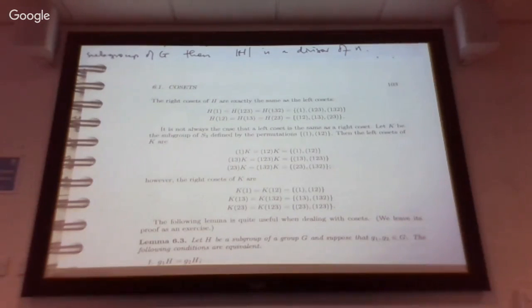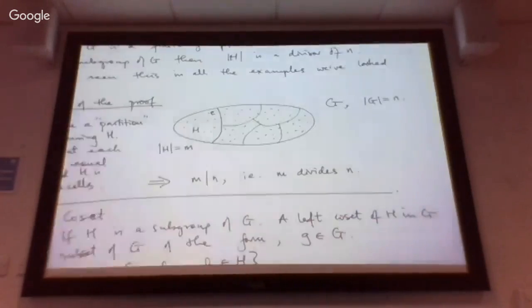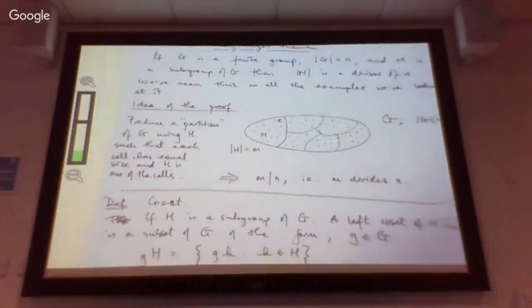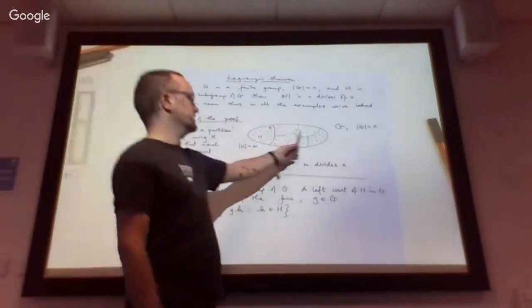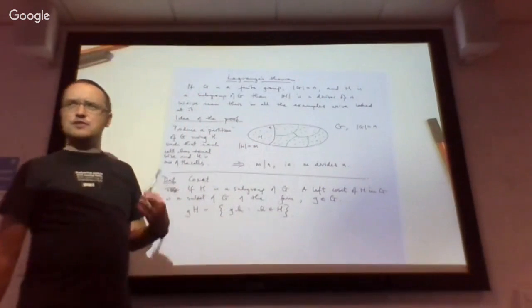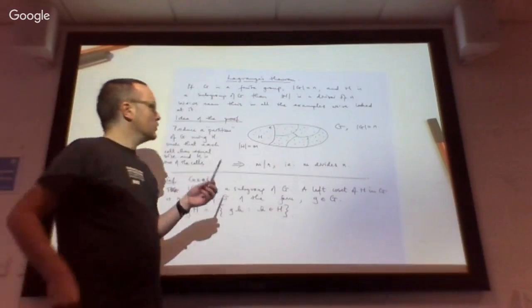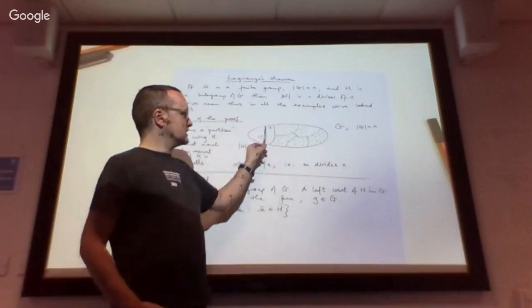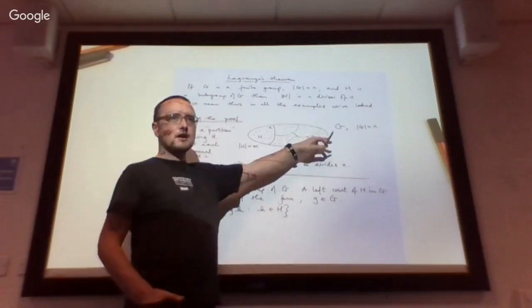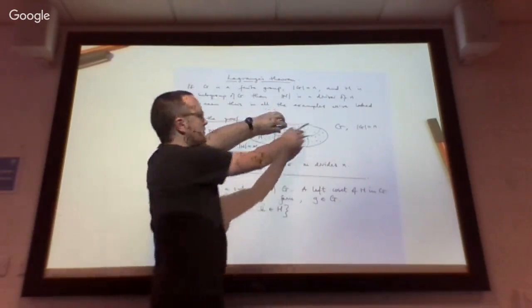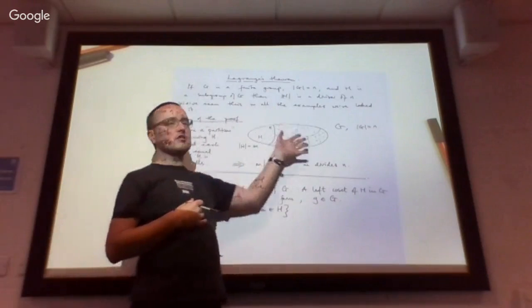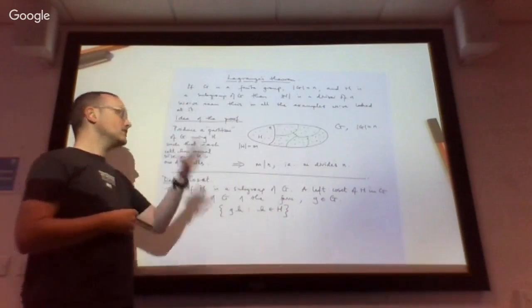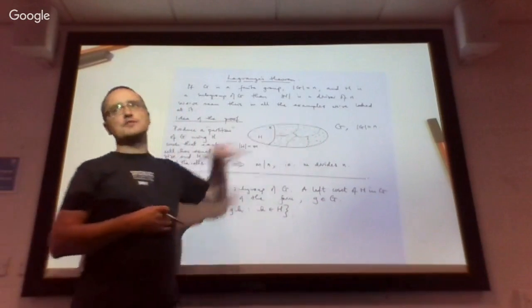Okay, we have this idea of left cosets. Remember, in this quick picture idea of the proof, these left cosets are going to be the cells in this partition. So we have a couple of things to prove. We have to prove that the left cosets do form a partition, so that different cosets never overlap, and they also cover all the elements of G, and also that they've all got the same number of elements in them.